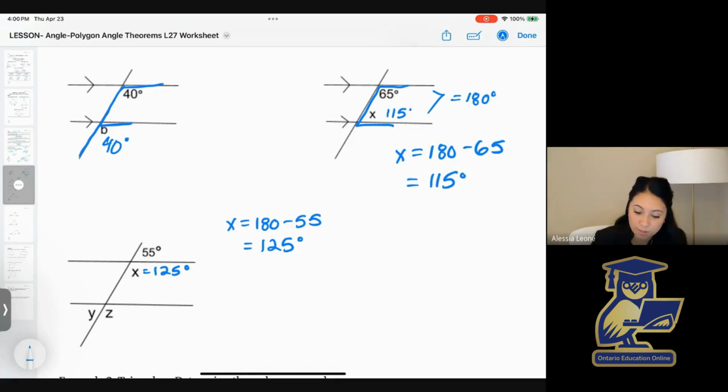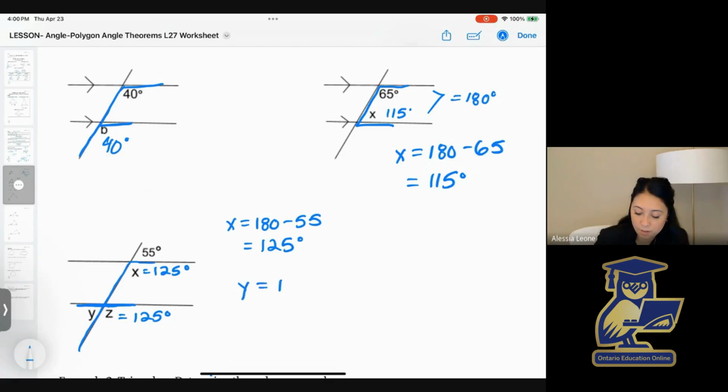Now, knowing this, we have our F pattern. So we know Z is the same, 125 degrees. Now with Y, we know Y is on the same line as Z, so that's on a straight line together. We know that should be 180 in total.